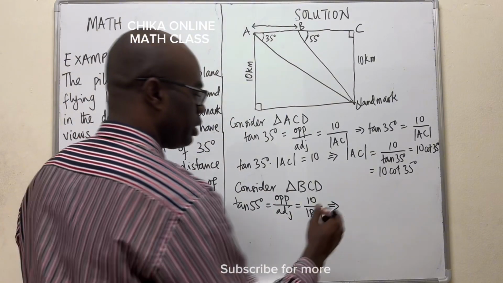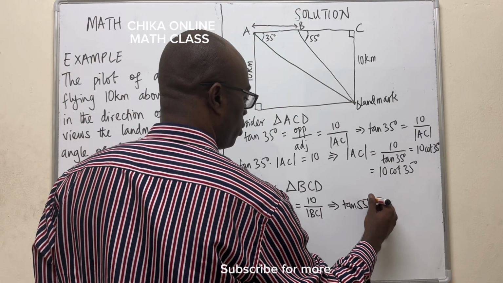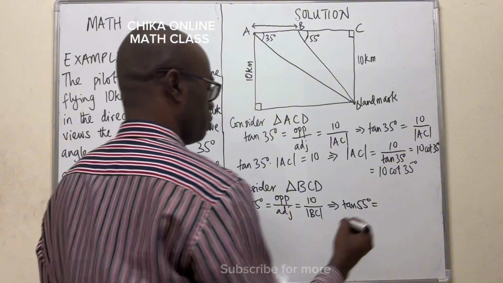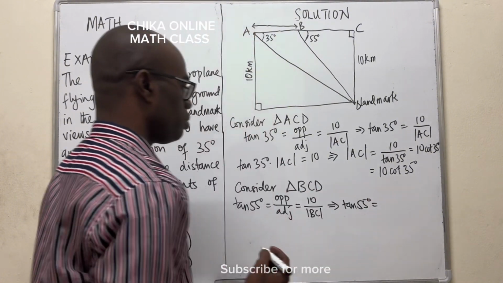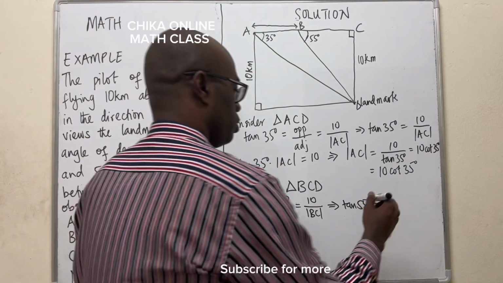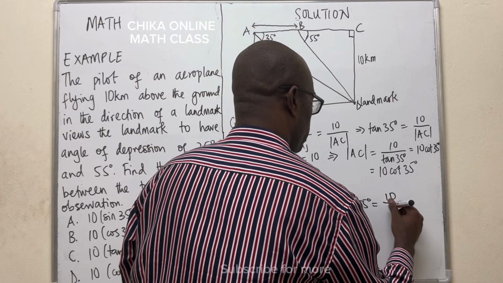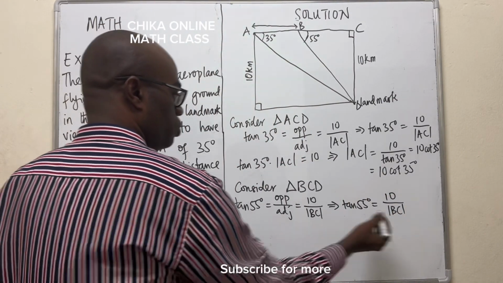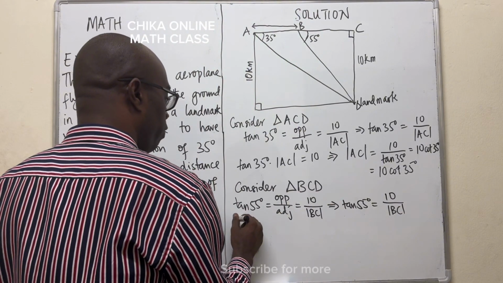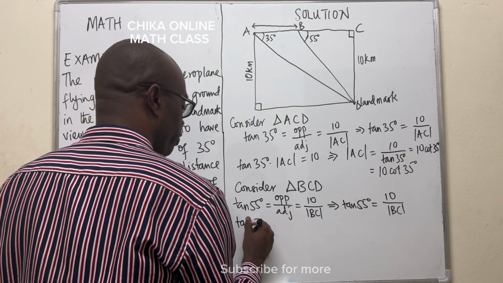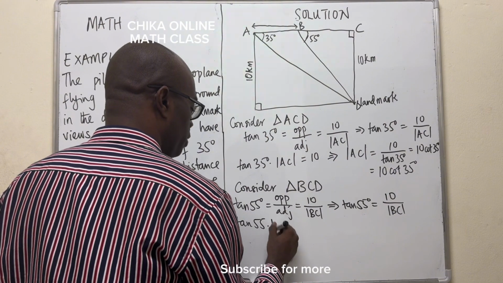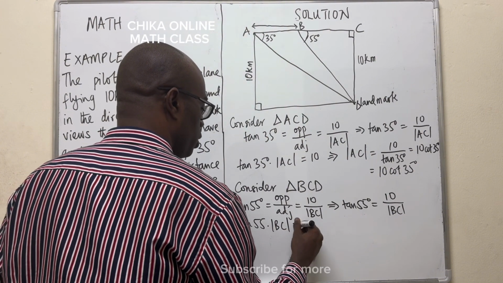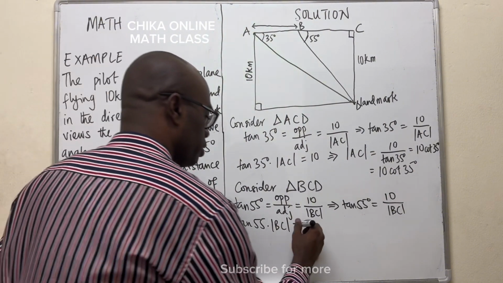So that means tan 55 is equal to 10 over BC. So cross multiply BC here, you have tan 55 times BC is equal to 10.